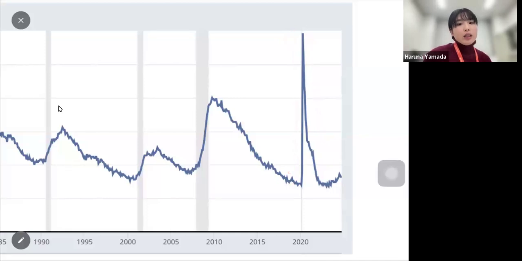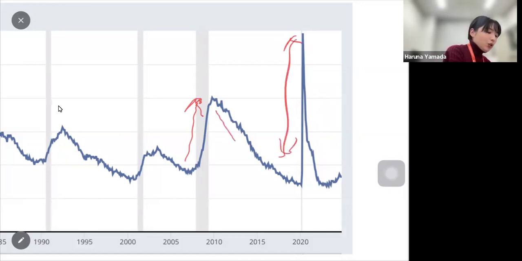In contrast, in the global financial crisis, the unemployment rate increased but less than in COVID-19.